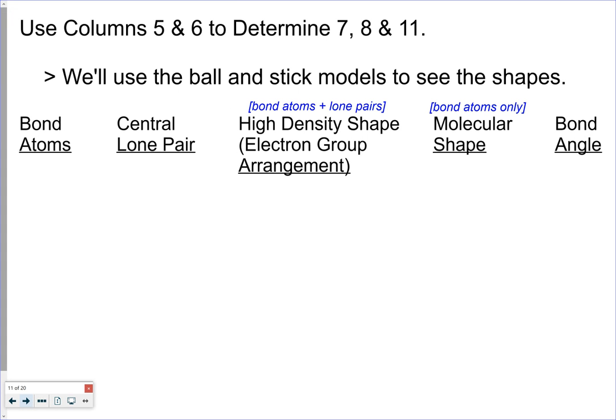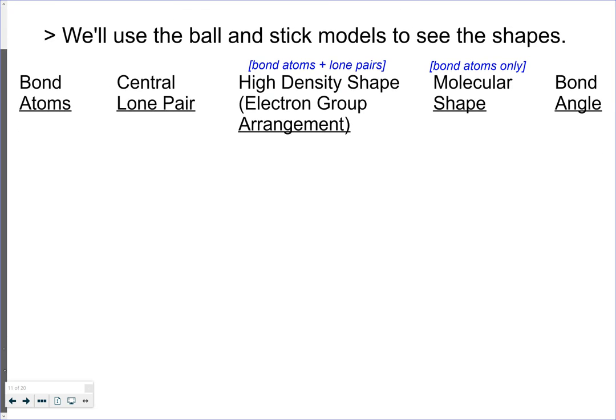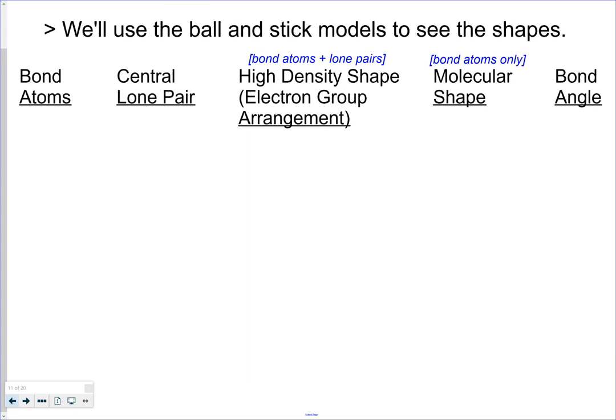Now, having 5 and 6 filled in, 7, 8, and 11 are dependent on 5 and 6. So there are only a certain number of different groups when it comes to 5 and 6.